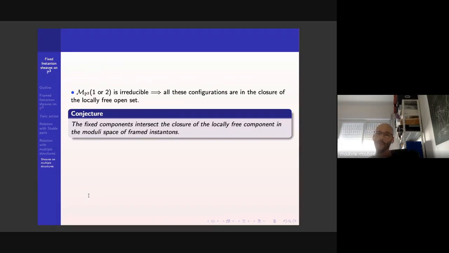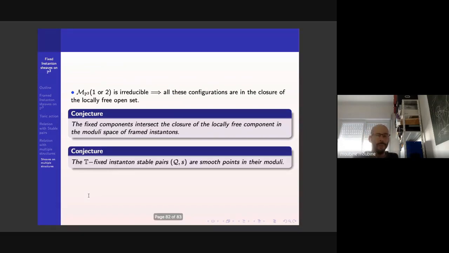Okay, so I will close with another conjecture: that the fixed instanton pairs in the moduli space of pairs are smooth. This is conjectured by Pandharipande and Thomas in the case of Calabi-Yau. In our case, we computed this for charge 1, and these are smooth.